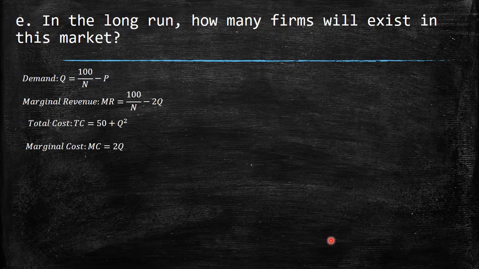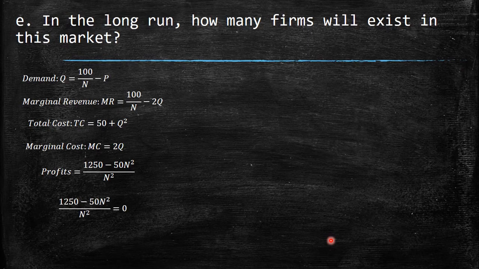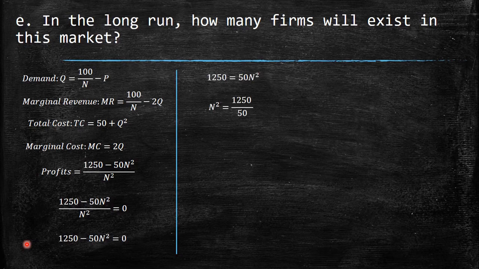So here we have again the question, and then we have the profits. What is the condition in the long run for monopolistic competition? It should be 0. So then the n squared automatically multiplied by 0 becomes this part, and then you collect n, which is what you want to find out. Then this 50 goes to the other side, and then n squared should be equal to 25.